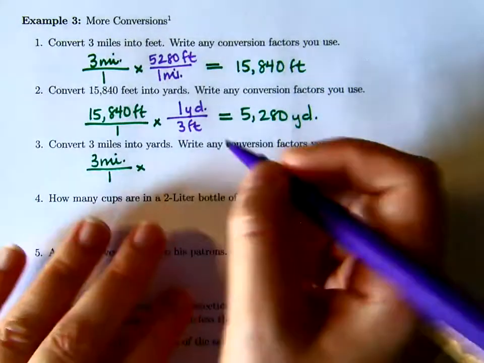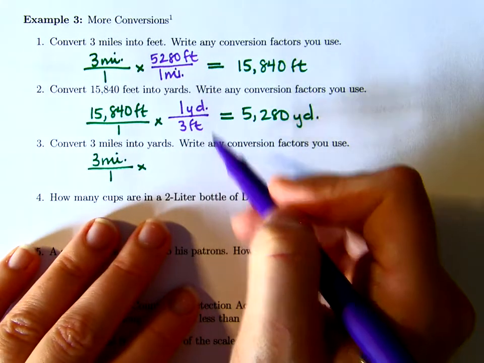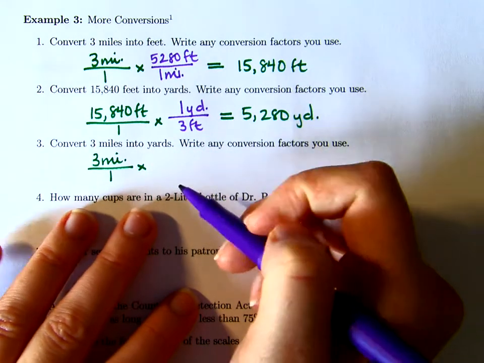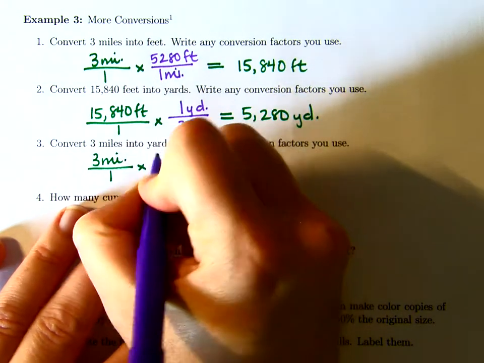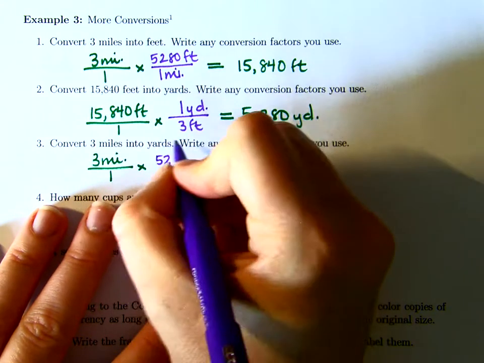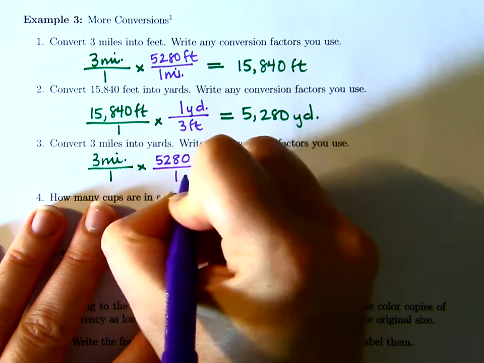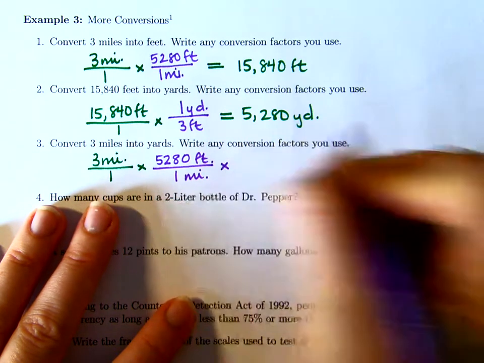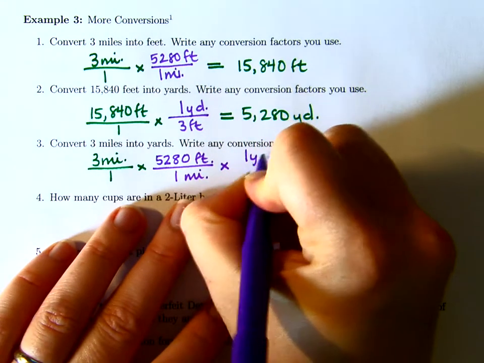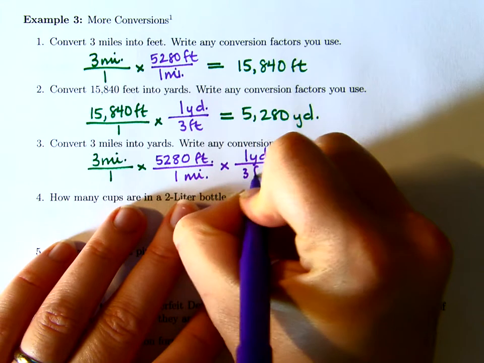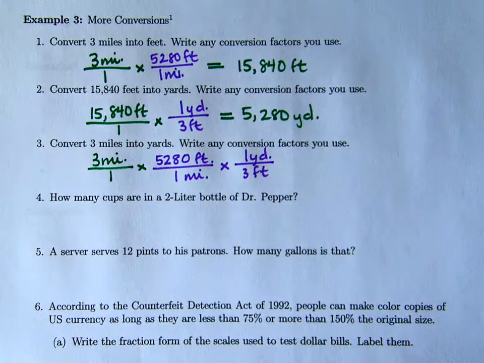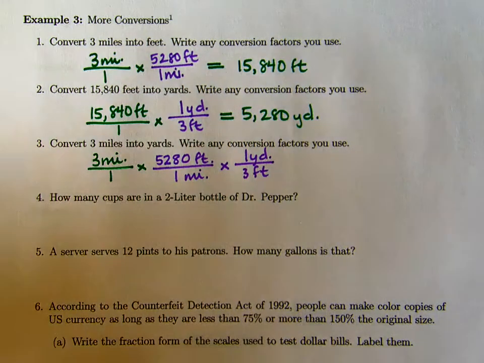But now, instead of doing it in 2 problems, we can do it in 1. So, 3 miles. In each mile, there are 5,280 feet. And then, each yard contains 3 feet. Okay, so there are the 2 conversion factors.